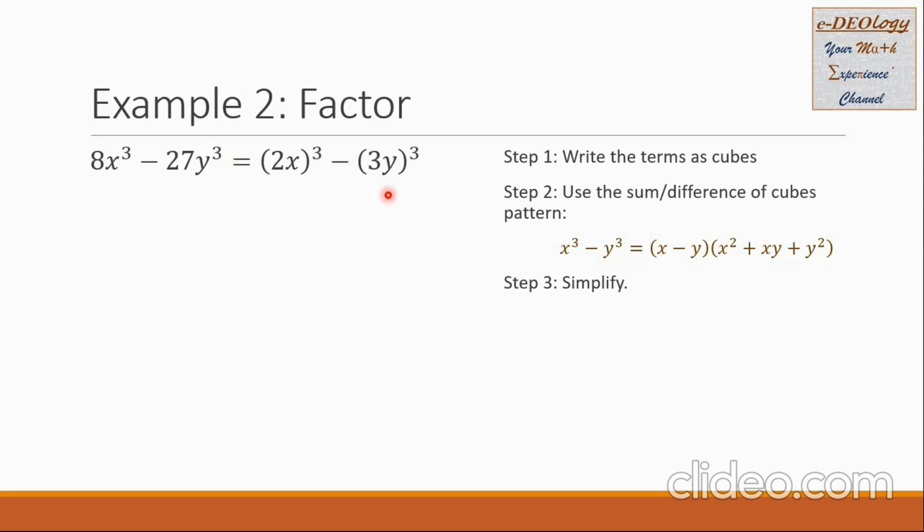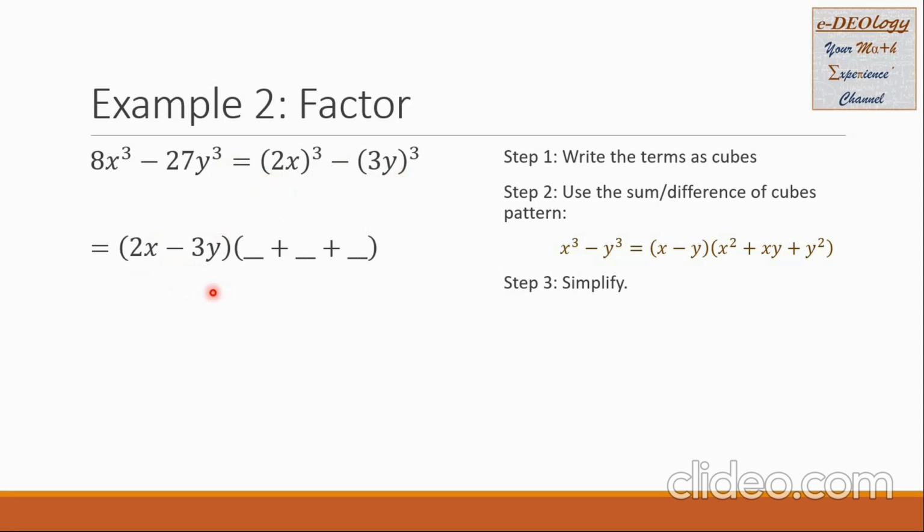Step 2, we will write the factors. Again, in the factors, we expect binomial times trinomial. Let us begin with a binomial. I will now copy the 2x, and then the negative sign is copied here, followed by the second term, and that is the 3y.